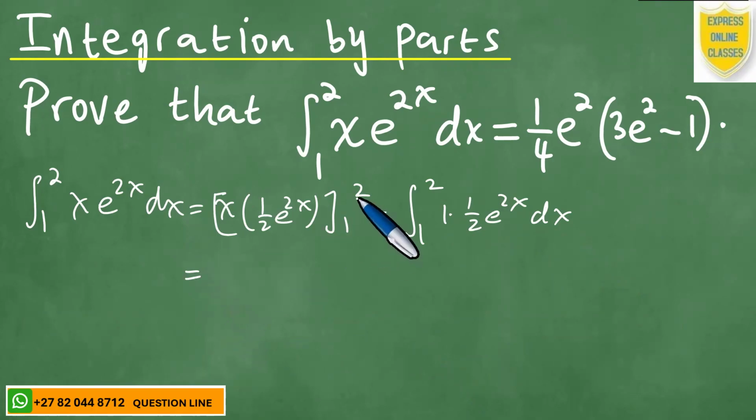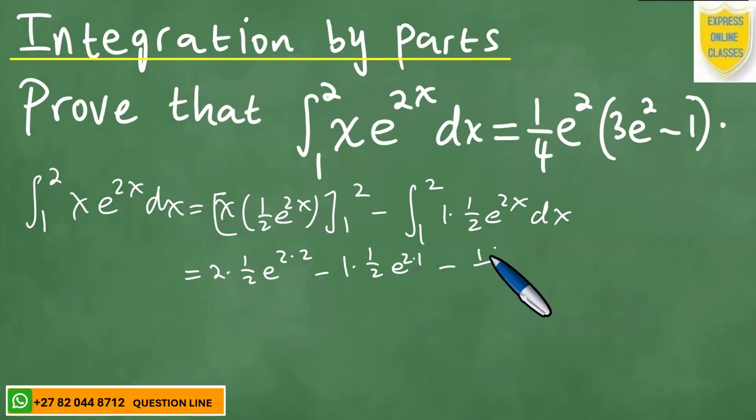If you substitute the 2, for example, it's going to be 2 times 1/2 e to the power 2 by 2, minus 1 times 1/2 e to the power 2 by 1. And then here we need to integrate this, and the integral is going to be 1/2 times another 1/2, which is 1/4 e to the power 2x, and we integrate from 1 to 2.